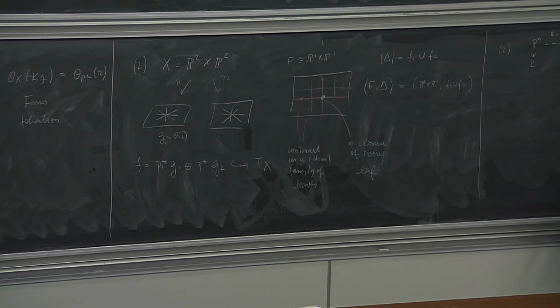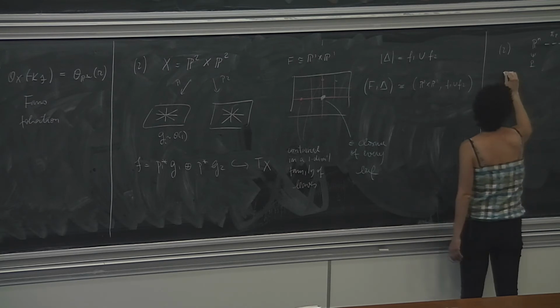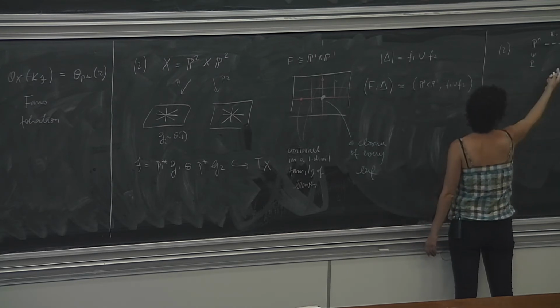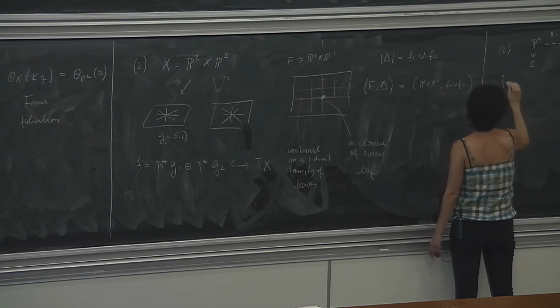So this induces a map from the Grassmannian of lines in Pn to the Grassmannian of lines in Pn minus 1. So if you look at the inverse image of a line, you're going to get a P2.